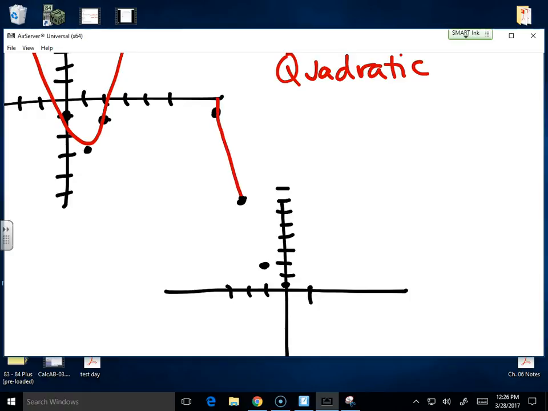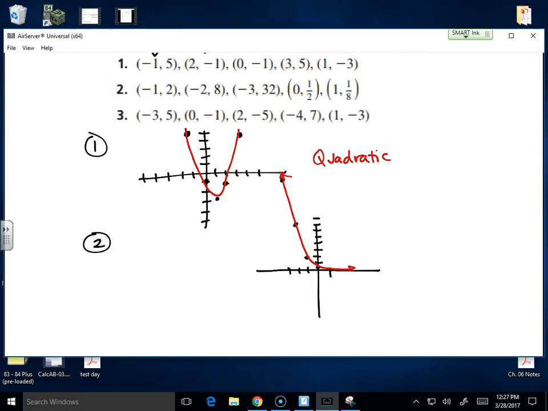So Angel, look, a little frown. Which one swoops down? That one's called exponential. It doesn't go back up. It's not a parabola. It just keeps on going down. It has to be exponential.